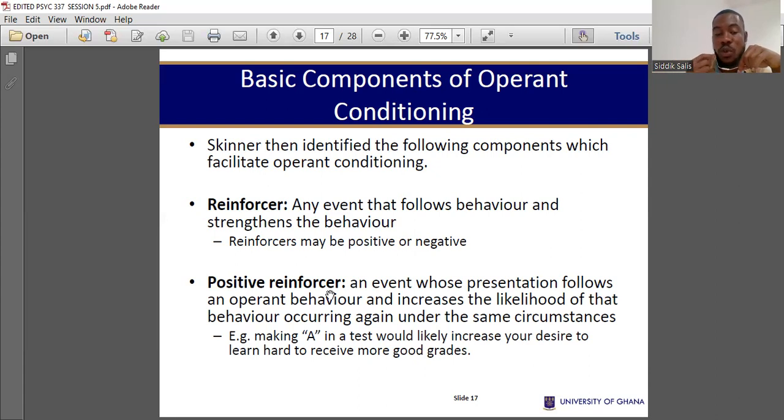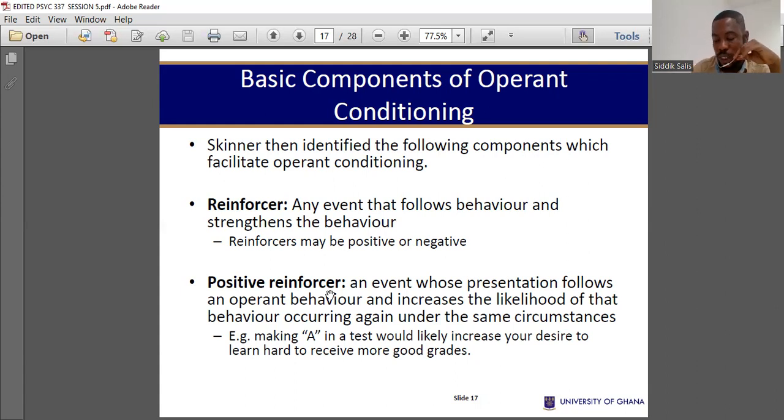For the purpose of this course, I'm using other jargon for us to grasp it better. I'll be using strengthen and weaken instead of motivate. We'll be using motivation in other contexts, but for this course, let's use strengthen.